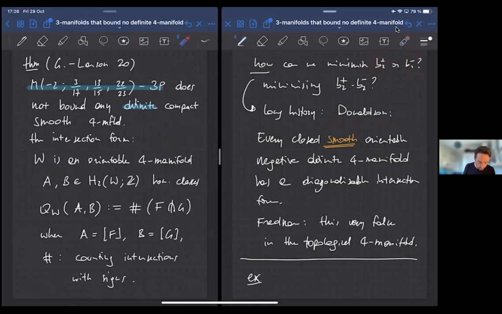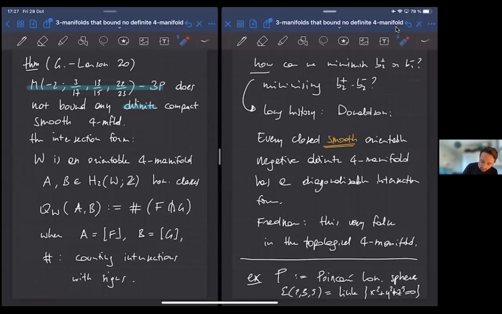Let me name one example, the Poincaré homology sphere, which for me is the link, well, it's also Sigma(2,3,5). This is the link of the complex surface singularity x squared plus y cubed plus z to the fifth equal to 0 in C^3. I'm going to talk about this more a bit later.